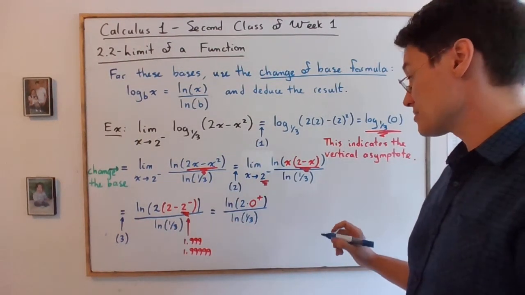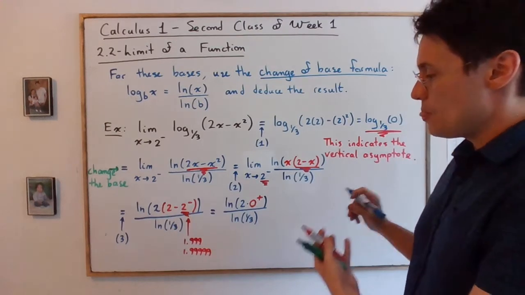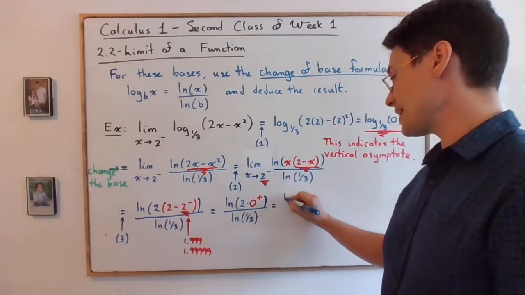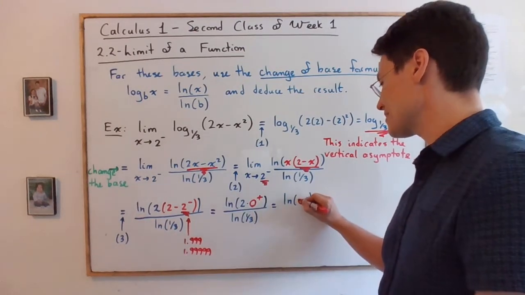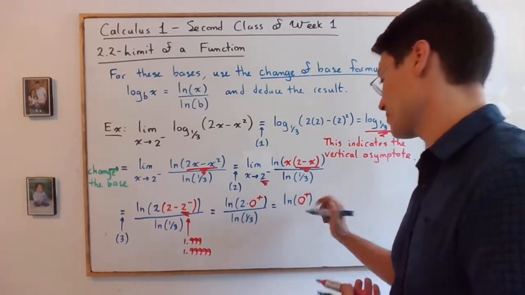Now another thing that's important, and I'm going to write it right away. We have ln of 2 times a positive number, which will give us a positive number.